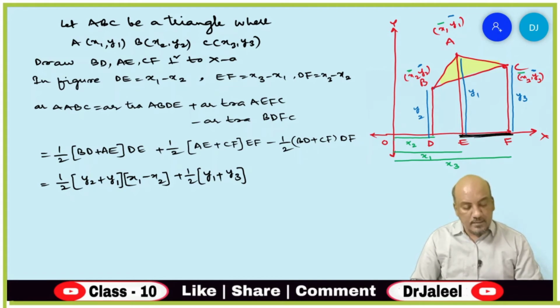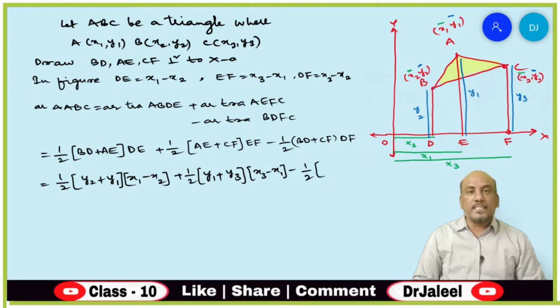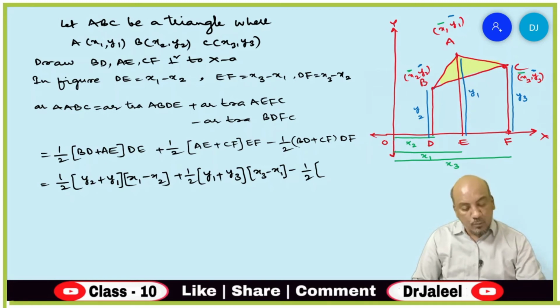So let us copy it. x3 minus x1, minus 1 by 2 into, let us go for the next trapezium, that is BD. Half into BD. What is BD? y2. So let's copy it. BD is y2 plus what is next? CF. CF is y3.